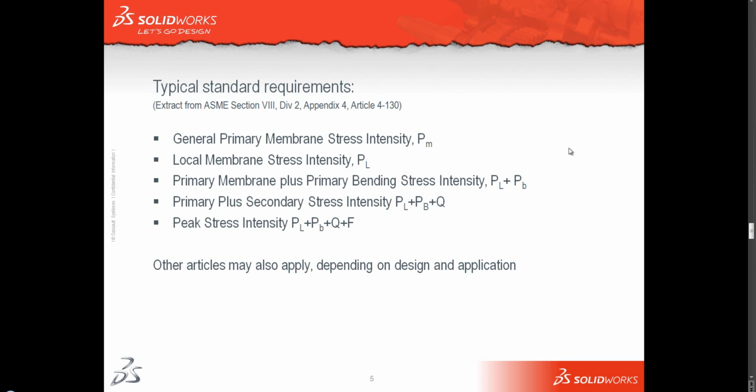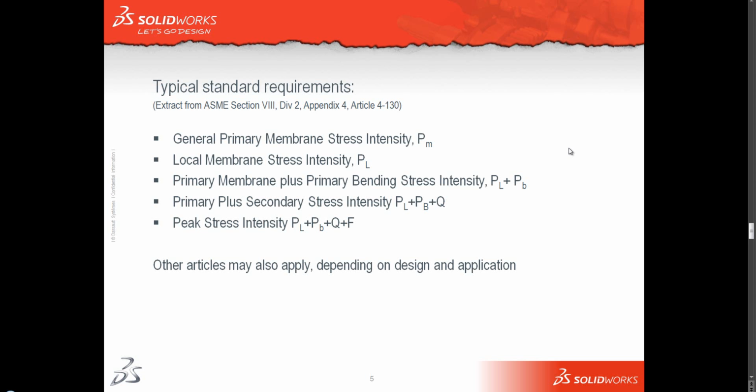Now, each of these codes is a pretty substantial document. Each standard can be thousands of pages long. So I've just pulled an extract from one of the ASME codes, and you'll see the address for it just at the top there. But what we've got here is a list of different criteria that must be complied with. So we've got the general primary membrane stress intensity and the local membrane stress intensity.